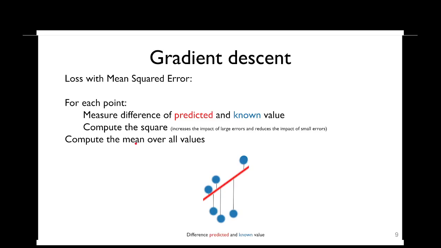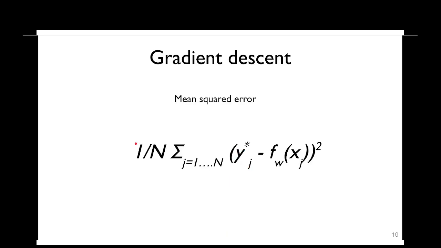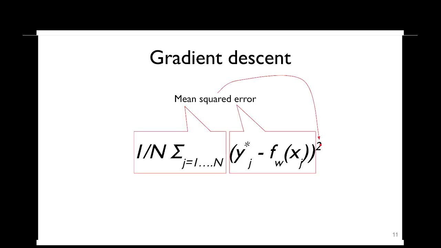That's the mean squared error. This is what it looks like in a formal way: 1 divided by n, the sum running from j equals 1 to n, of the difference y star j minus f_w of x_j, and that is squared. Mean squared error is a very good name for this formula because it explains the formula one-to-one.